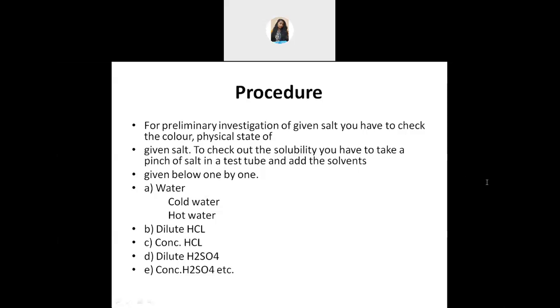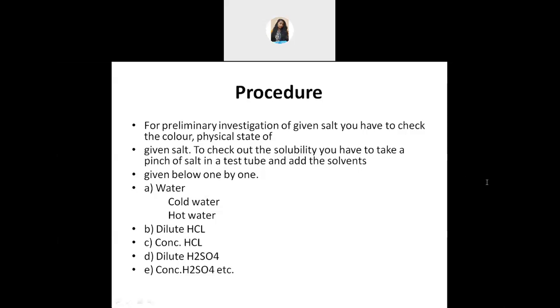If the salt is not dissolving in hot water also, then you have to add dilute HCl. If the salt dissolves in HCl, then you write down that the solubility of that salt is in dilute HCl. If the salt remains in the test tube and does not dissolve in dilute HCl, then you have to add concentrated HCl.